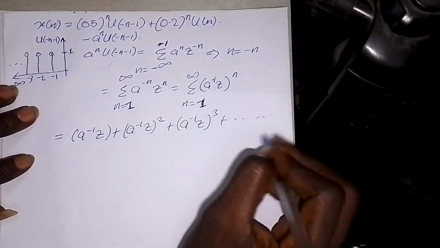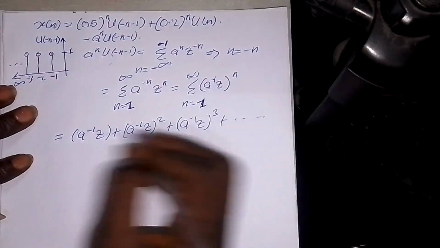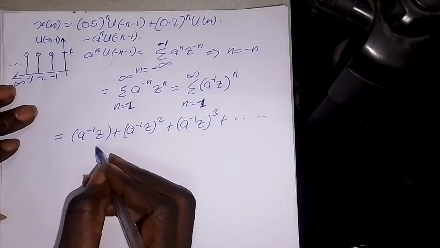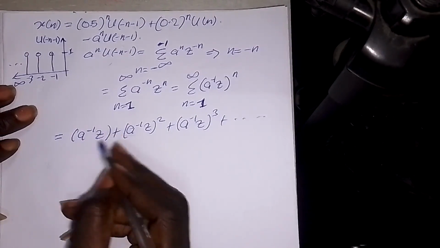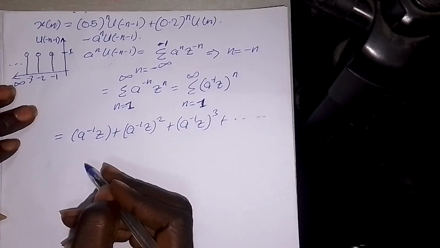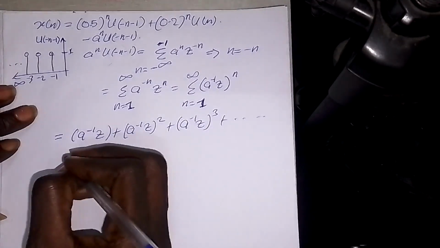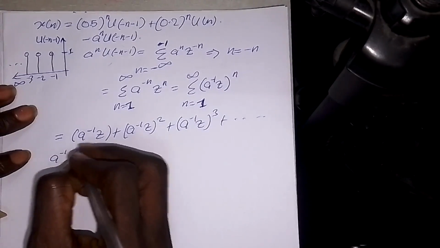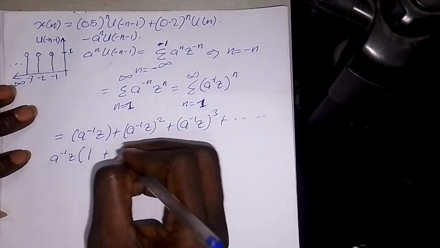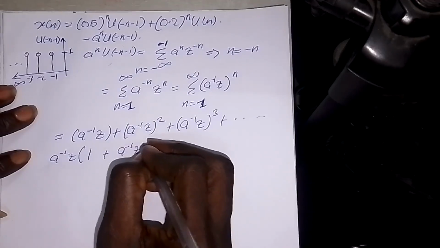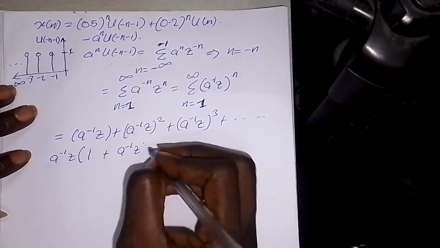This will go to infinity. Now if I factor out a exponent minus 1 z, here will become 1, plus a exponent minus 1 z, that's how it will become.